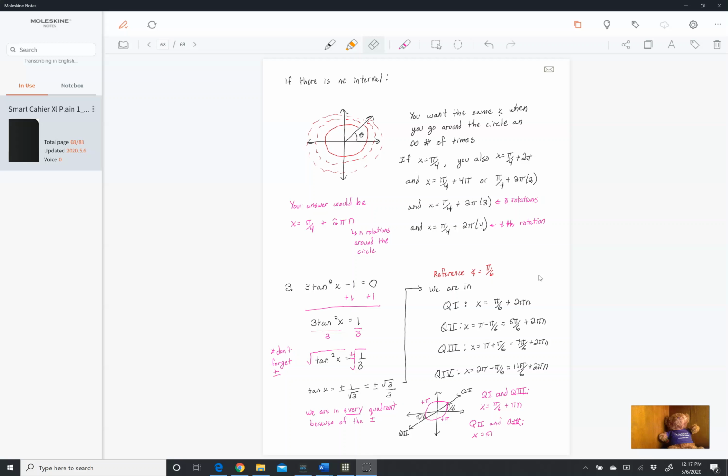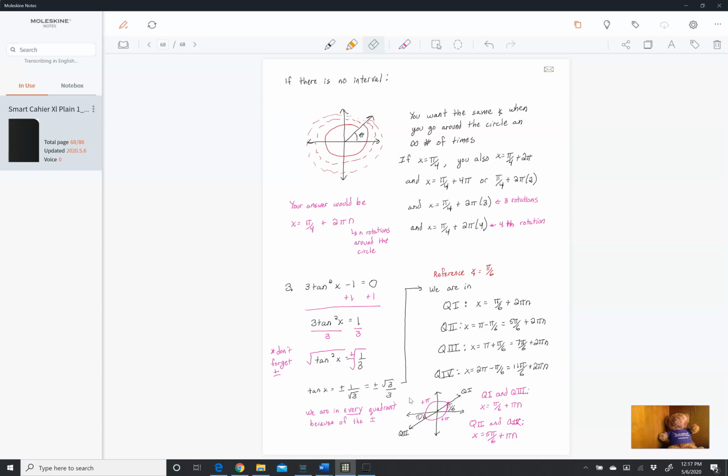This is 5 pi over 6 plus pi times n. Okay, and that saves us. We don't have to do the quadrant 3 and quadrant 4 separately. And that's always going to be true. If we have angles in all 4 quadrants, we can put quadrant 1 and quadrant 3 together, and we could put quadrant 2 and quadrant 4 together.